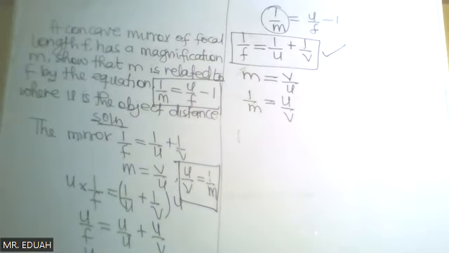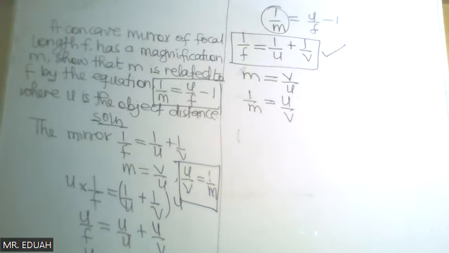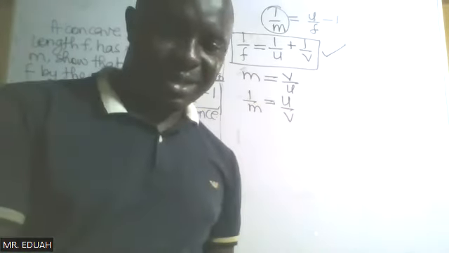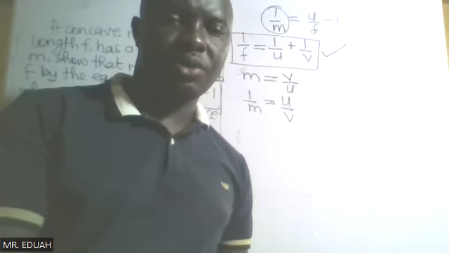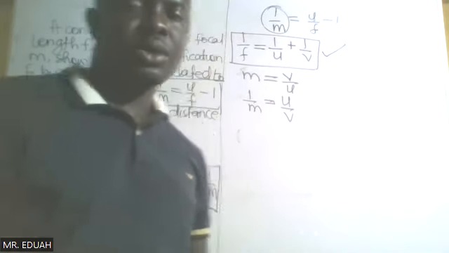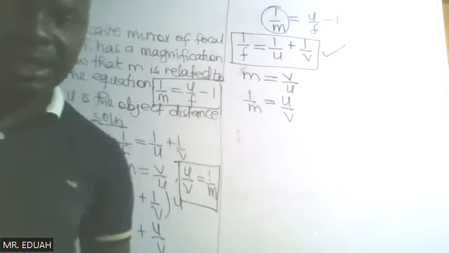Adwa, Nanadwa, what do we do to have U over V in the mirror formula? Nanadwa. When we are wasting time, Deborah, take over. What do we do to have U over V in the mirror formula?